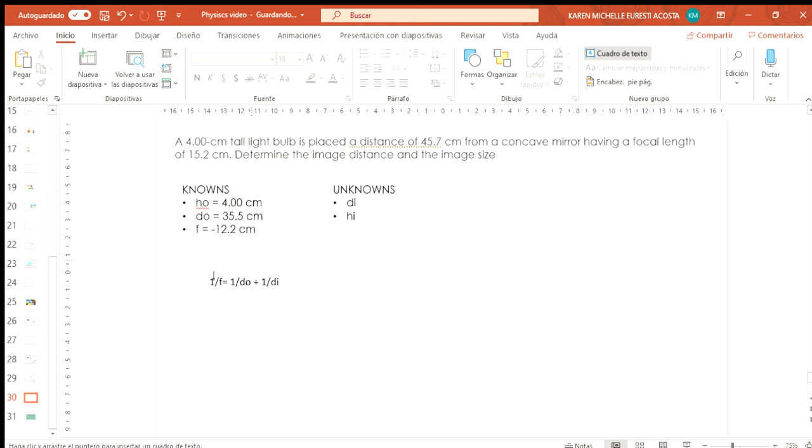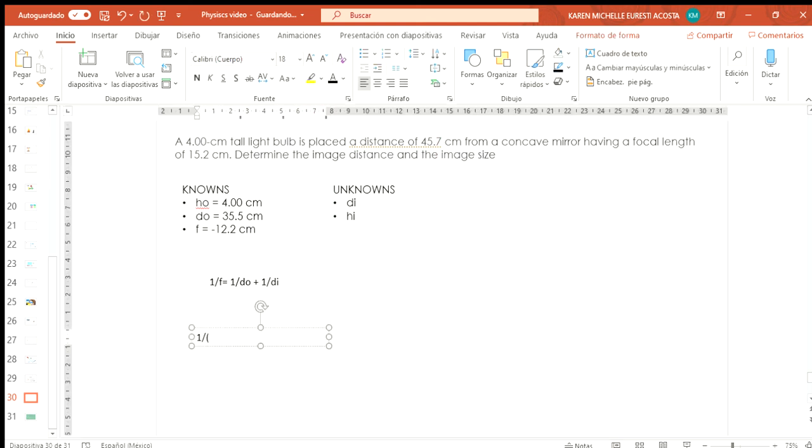So we replace the values. 1 over 15.2 centimeters. Then 1 over 45.7 centimeters plus 1 over di.